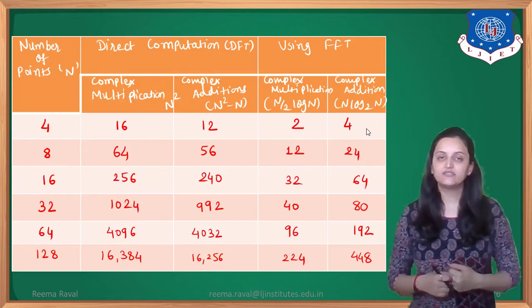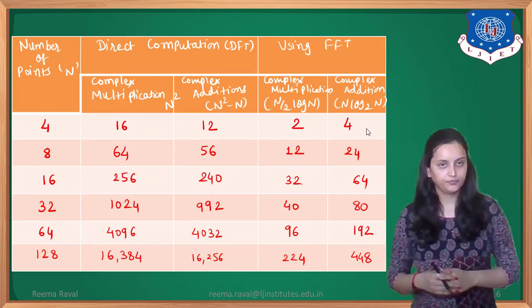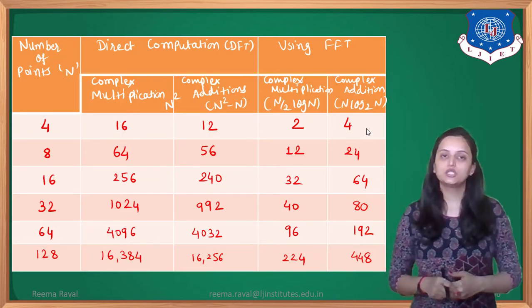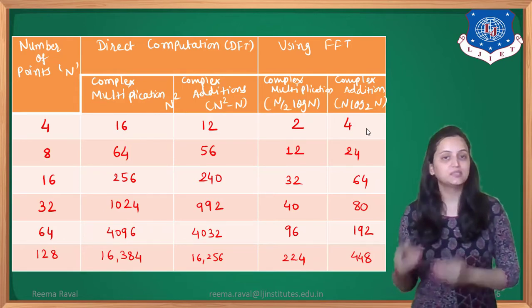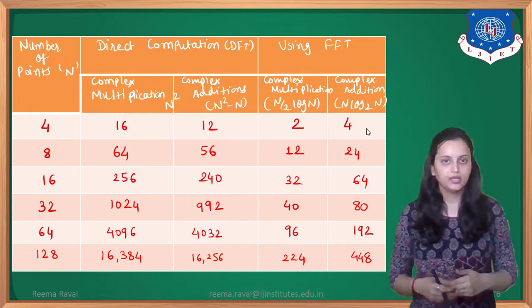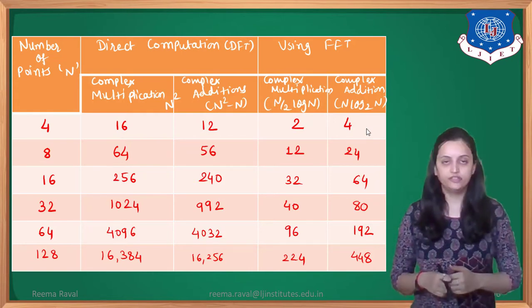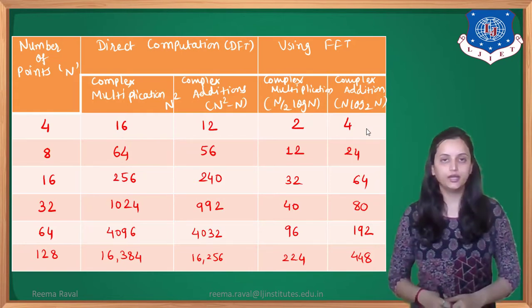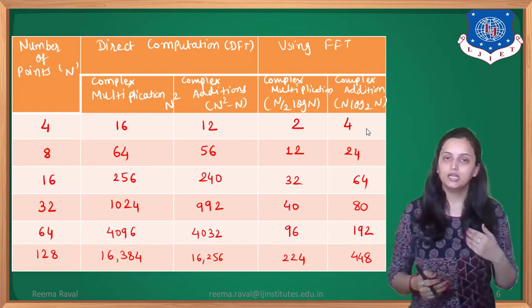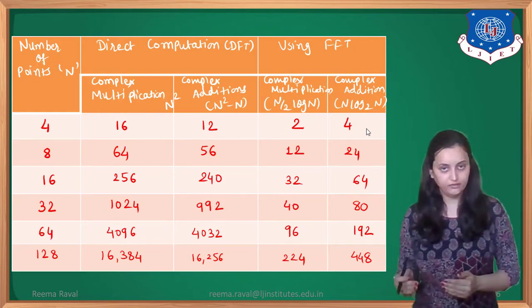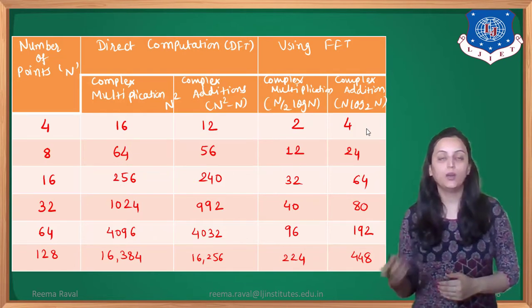So for the second case, we have taken N equal to 8. For N equal to 8, in the DFT case the number of complex multiplications will be 64 and the complex additions will be 56, based on the formulas written over here. In the same way, for FFT, complex multiplications will be 12 and complex additions will be 24.